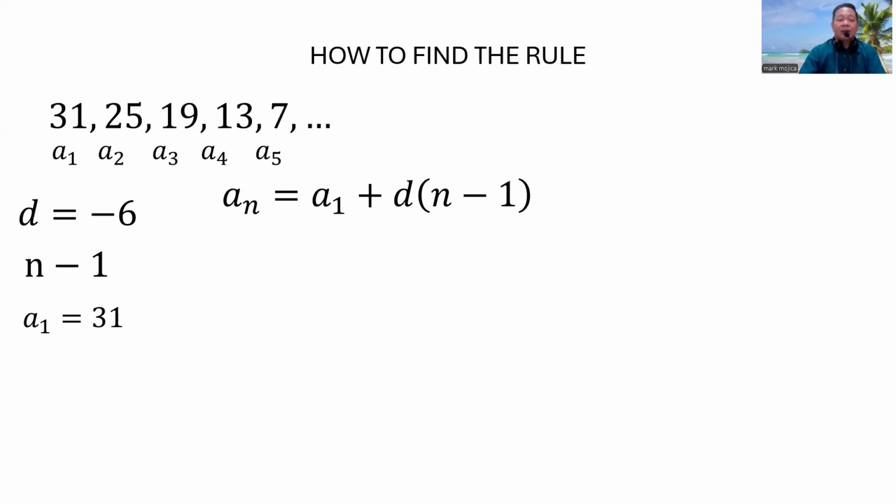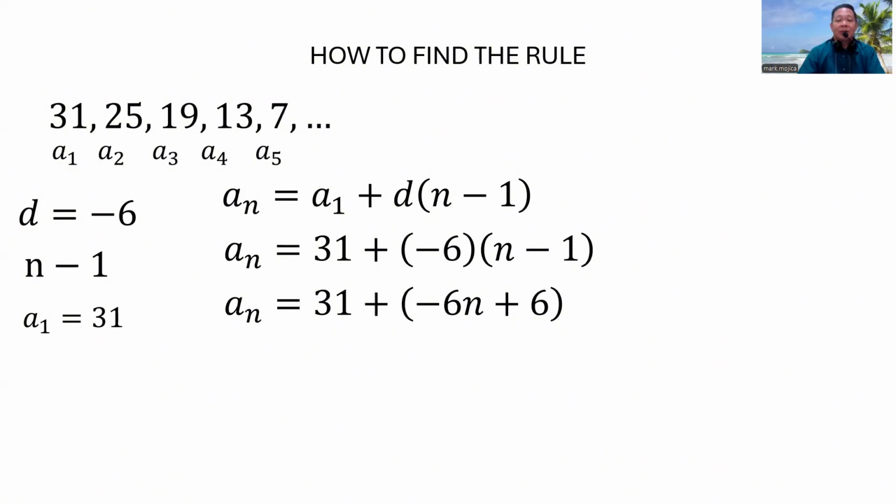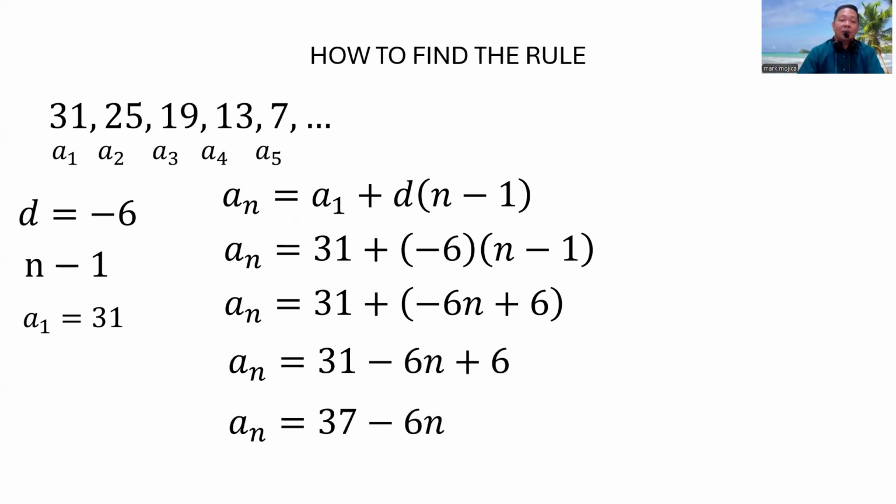Where a sub 1 is equal to 31, ang d natin is negative 6 at yung ating term, okay, which is n minus 1. So, 31. Yung negative 6, i-multiply natin sa n minus 1. So, meaning this is negative 6n plus 6. So, what is 31 plus 6? Okay? 31 plus 6 now is equal to 37 minus 6n. So, this is our n term.